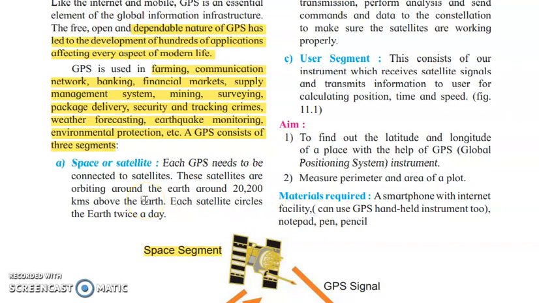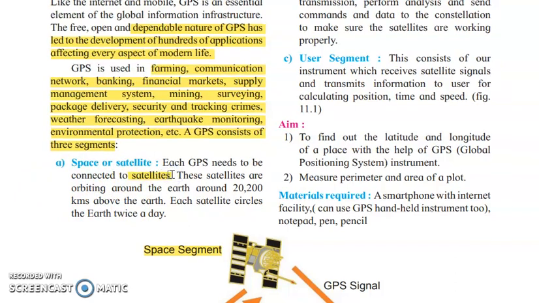The first segment is the space segment, which is also called the satellite. Each GPS needs to be connected to the satellite. The most important thing is that it should be connected to the satellite. Without that, you cannot get the perfect and exact location. These satellites are orbiting around the Earth.